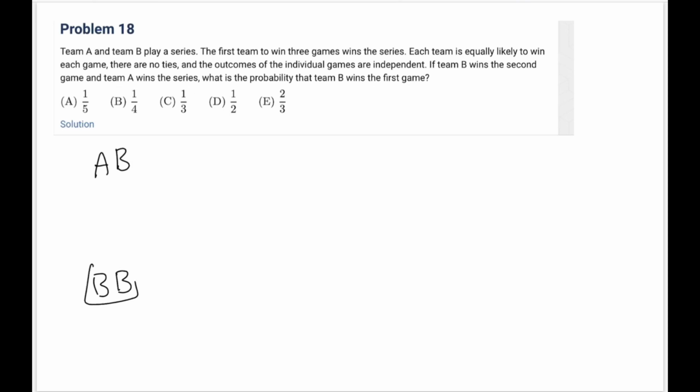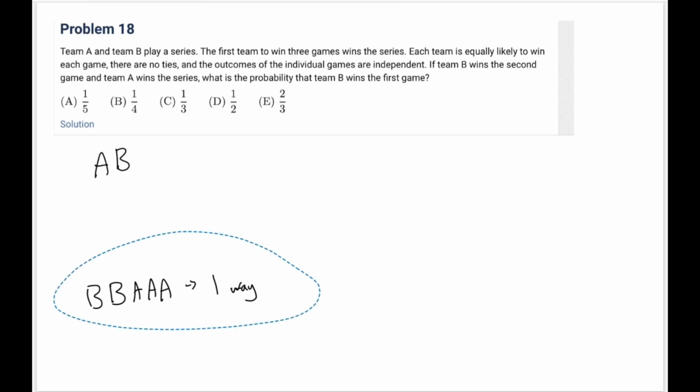So if we look at this scenario first, there is only one way that Team A could have won, and that is that Team A won the next 3 times consecutively, because if there had been a B in any of the past matches, that would have completed B's third victory, and so Team A would not have won the series. So for Team A to win the series, there is only one way.